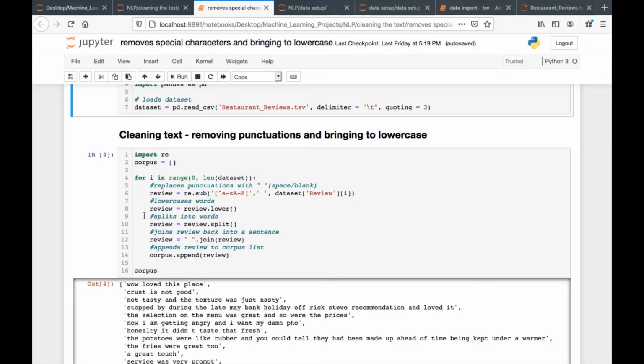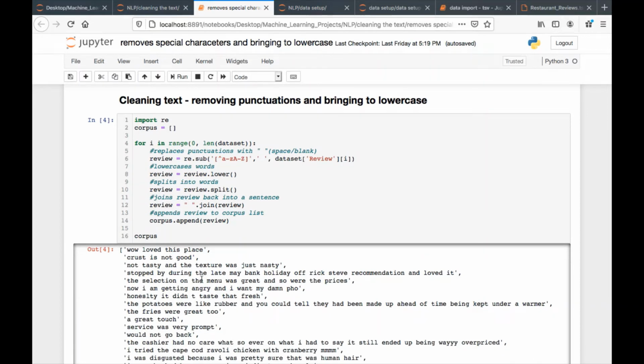So for that we lower all the words so that they come to a common ground, and then we split the sentence into words, then join the words back together to get the sentence. The reason for this is that while replacing special characters with blank characters, we have now got extra blank spaces in our sentence.